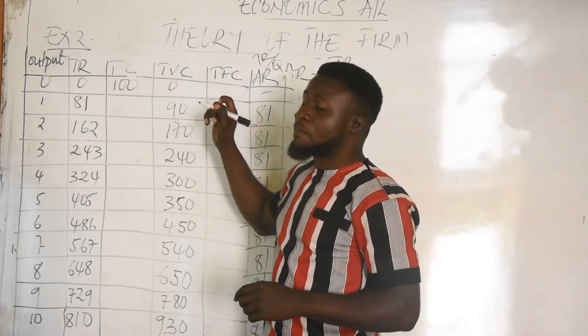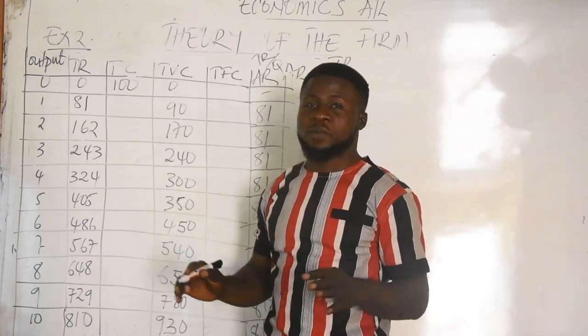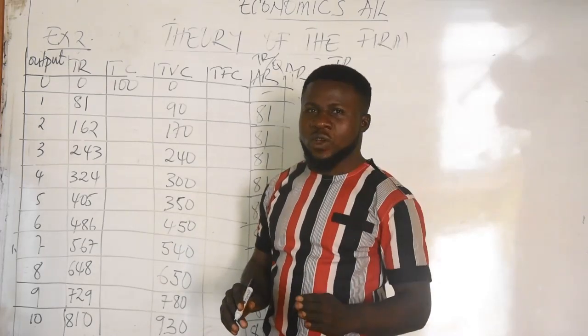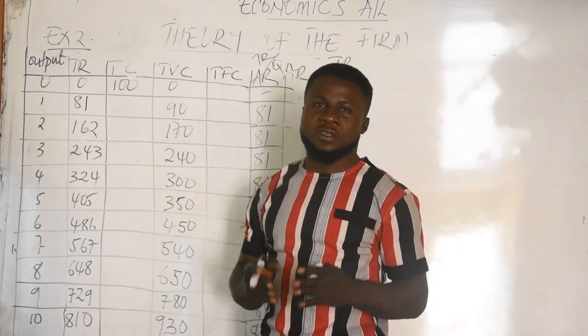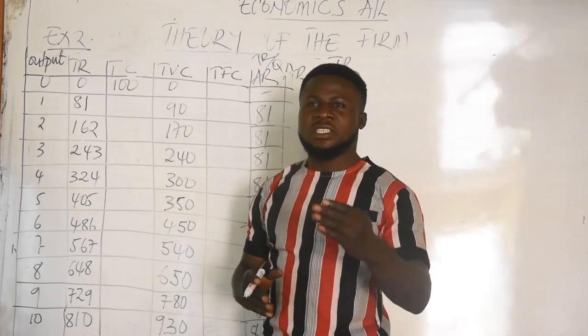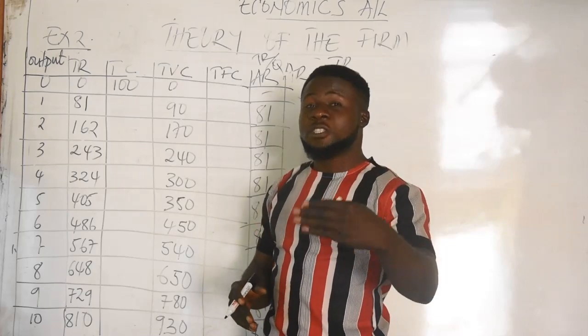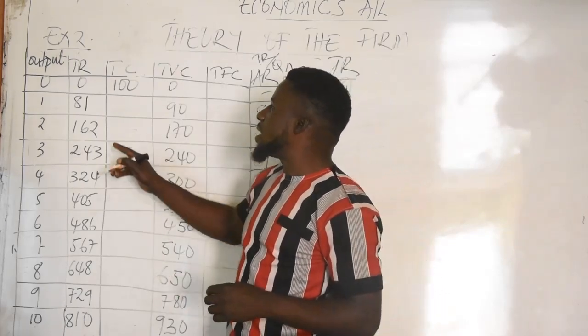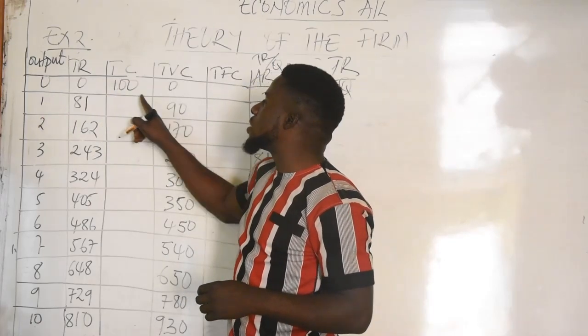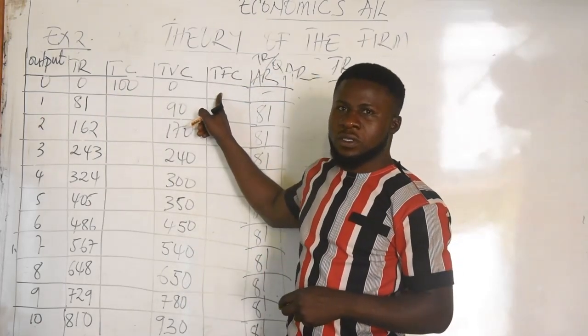That is to say that in the short run, when nothing is produced yet, if there is any cost that is incurred, that cost must have been incurred on fixed assets or fixed factors of production, since we only spend on variable cost when production has started. So therefore, at the output of 0, this total cost is coming from fixed cost.